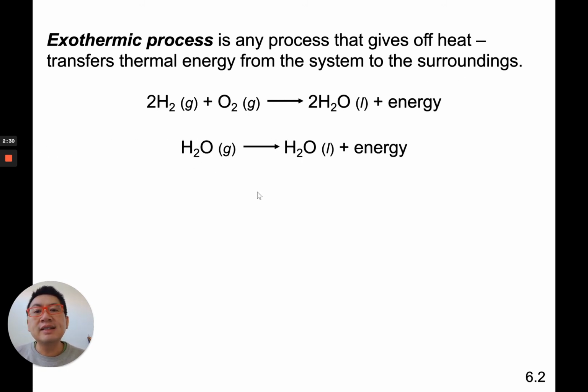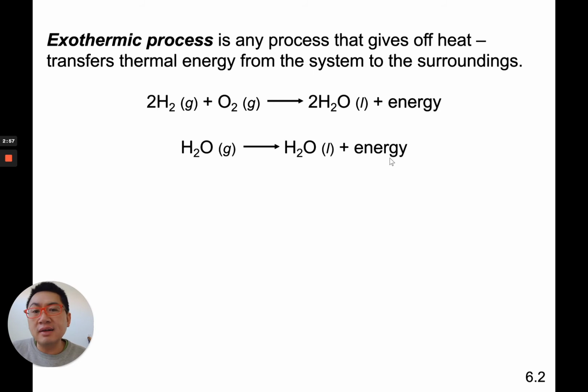This is gaseous water turning into liquid water, condensation. Condensation is actually also an exothermic reaction, which is why in a shower, or if you go into a steam bath or whatever, a sauna, it feels warm, because as water goes from a gas form into a liquid form, it releases energy.